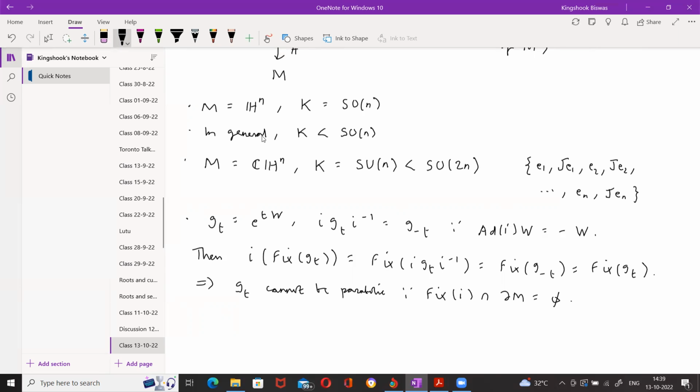But i on the boundary is just the antipodal map of the sphere S^{n-1}, so it has no fixed points on the boundary. Therefore g_t cannot be parabolic. Okay, so then there are two cases. One, if g_t is elliptic.